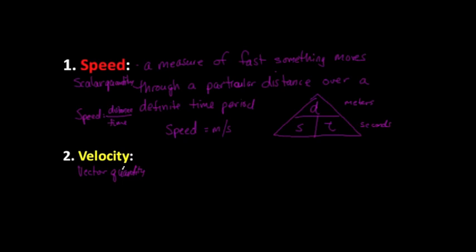So you might say velocity is a measure of how fast something moves in a specific direction through a particular distance over a definite time period. So velocity is speed in a specific direction.